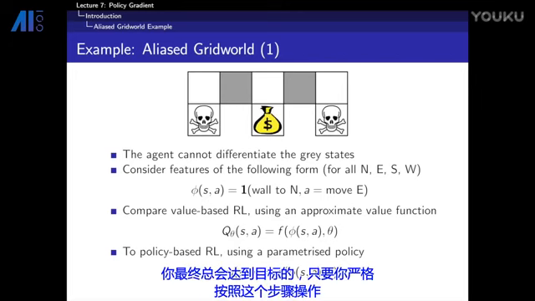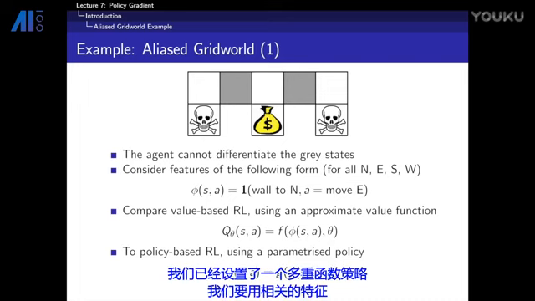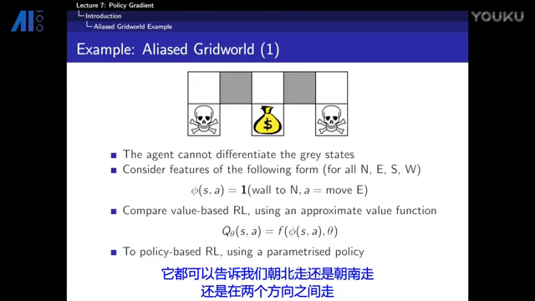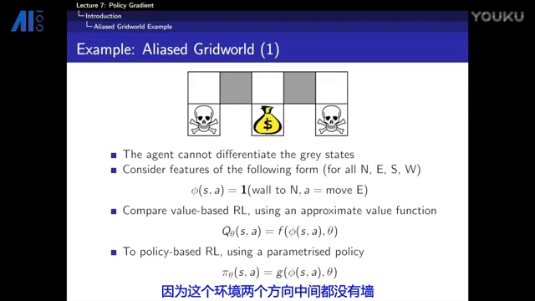Except we're going to restrict the way that we create our value function or policy to use the following features. They're features of both the state and action. So they're going to be features that say things like, is there a wall to the north of me? Is there a wall to the south of me? In between these squares, by the way, if they're adjacent, there's no wall between them.